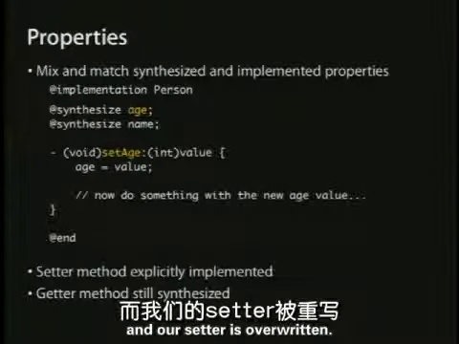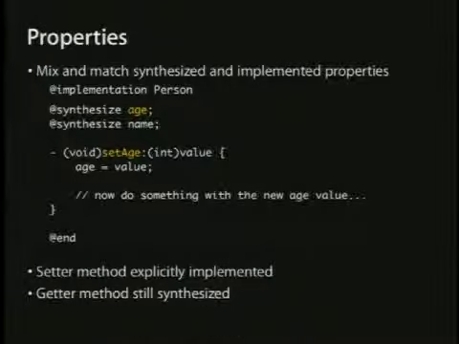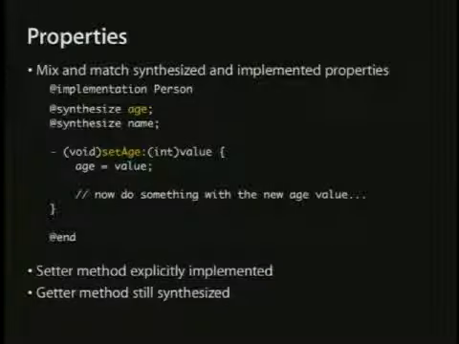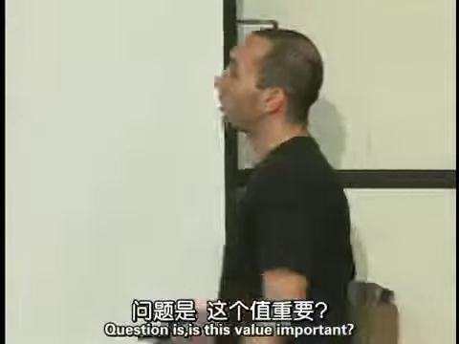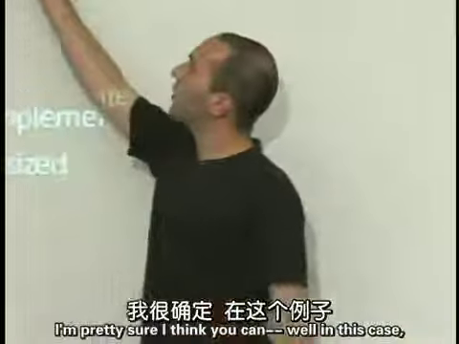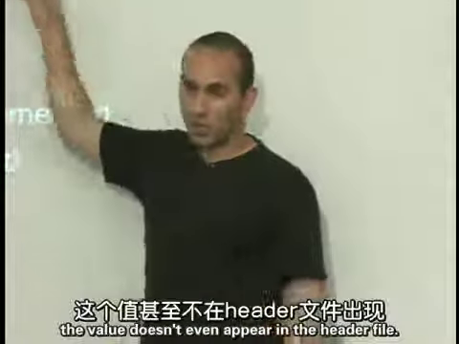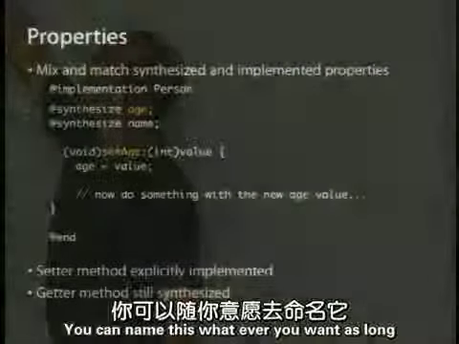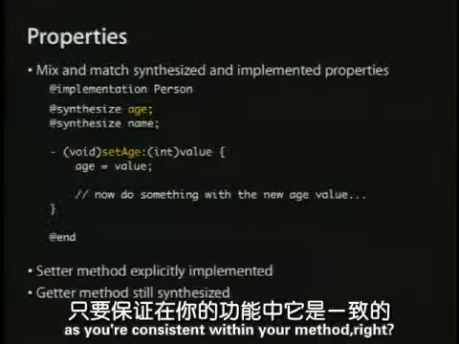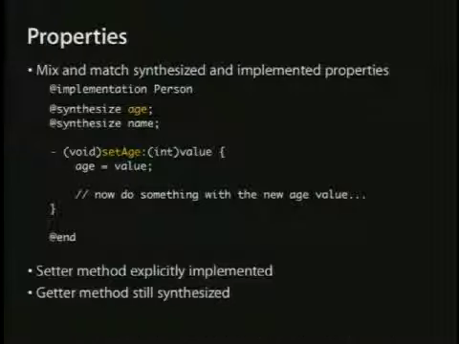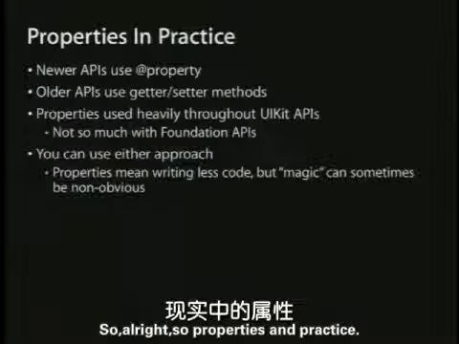In this case, even though we have the synthesize up above, we can still implement set age. We have to do the manual work of doing the assignment that the automatically generated synthesize would have done for us. But then we can do whatever else we need to do below that. So here's a case where the getter method is still synthesized, and our setter is overridden.